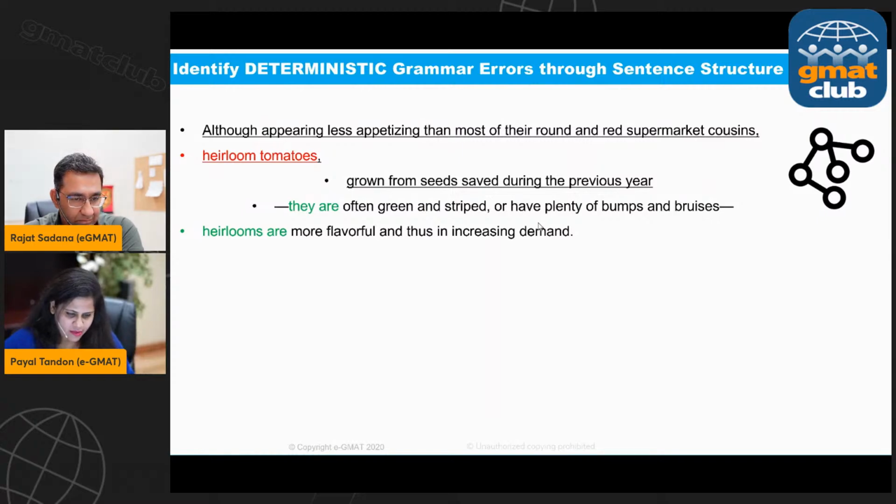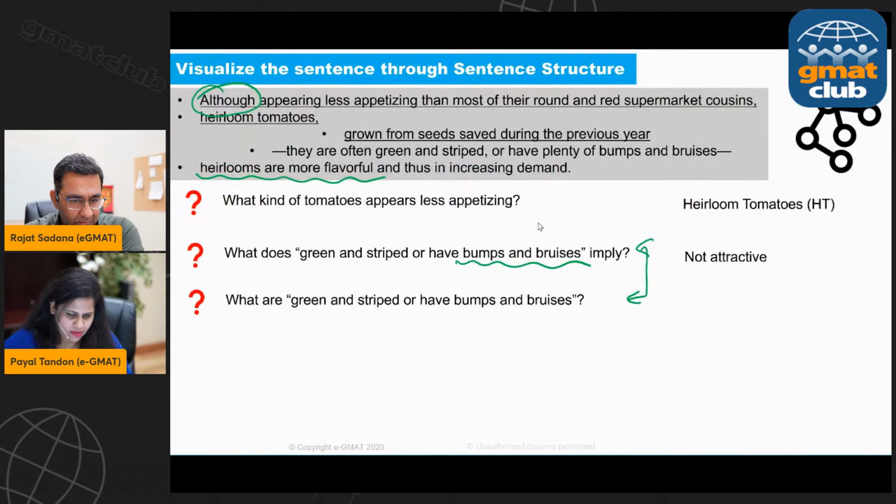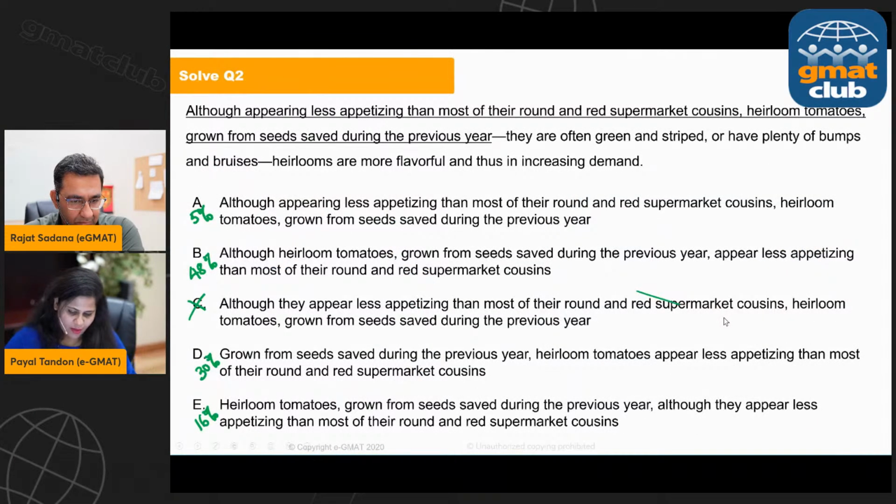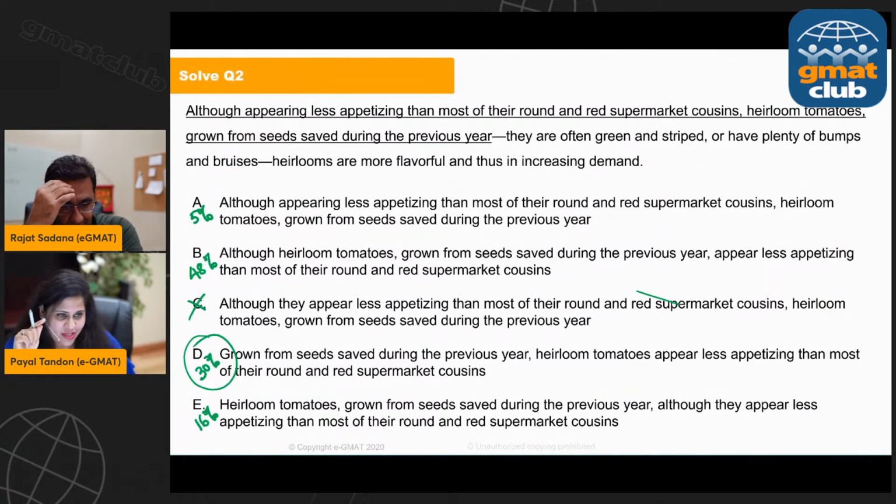Now, once you have understood that this is what the author wants to communicate, let me go back to the slide over here. Choice D was the most popular incorrect answer choice. Now, there is a contrast that exists in the original sentence. Tell me, in choice D, where is that contrast? There's no contrast whatsoever.